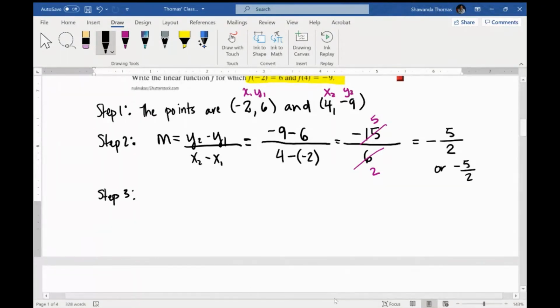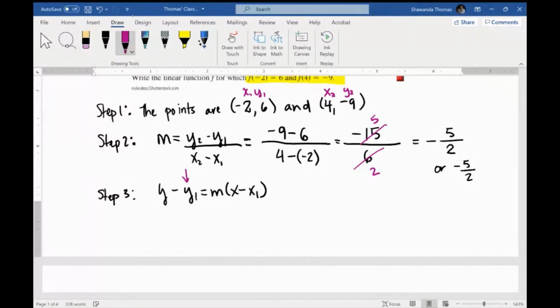The point slope formula is y minus y1 equals m times x minus x1.